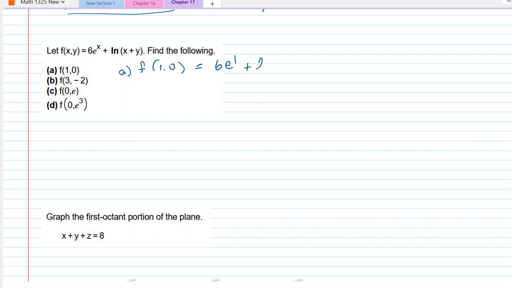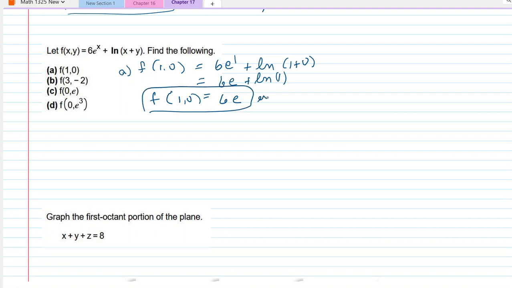Plus ln of 1 plus 0. So that gives me 6e plus ln of 1. Well, ln of 1 is 0, so 6e is the value of f of 1 and 0. And you're given exact answers.